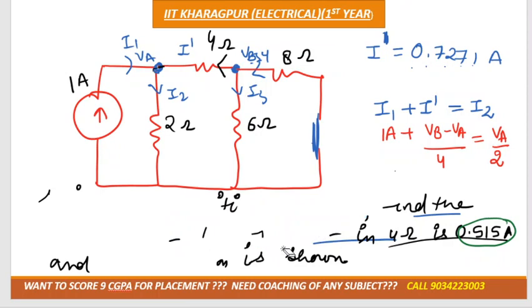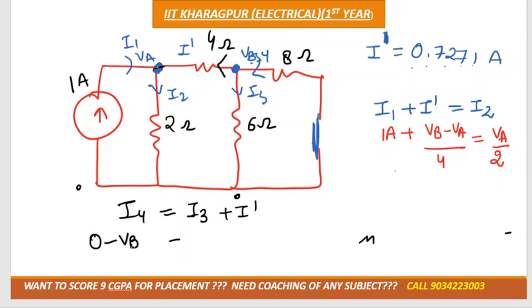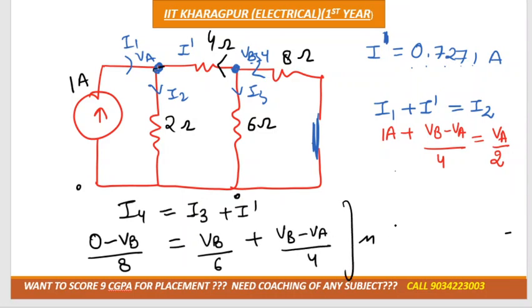The second mesh equation would be how much? That would be I4 equal to I3 plus I dash, right? I4 is moving 0 minus VB divided by 8, I3 is VB minus 0 by 6, I dash is again moving from VA, so VB minus VA by 4, correct?